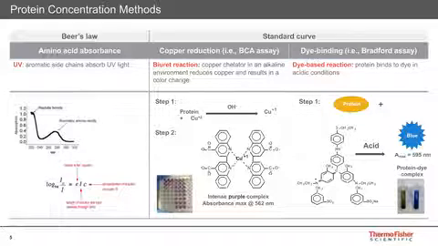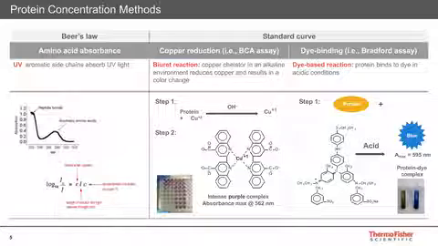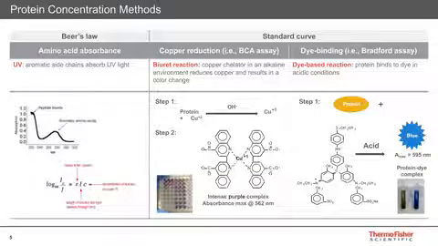If your extinction coefficient, that is epsilon, is known, the absorbance at 280 nanometers is known, and the path length, which is usually 1, but which can change from instrument to instrument, is known, then you can calculate the concentration by plugging all those values into the above equation.